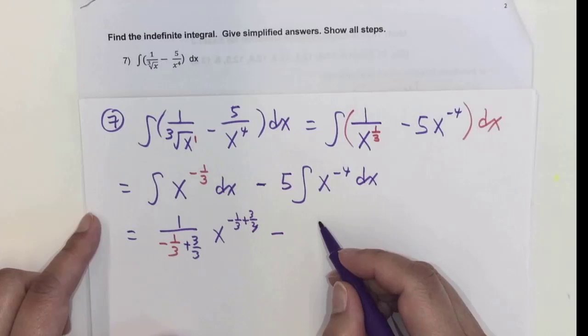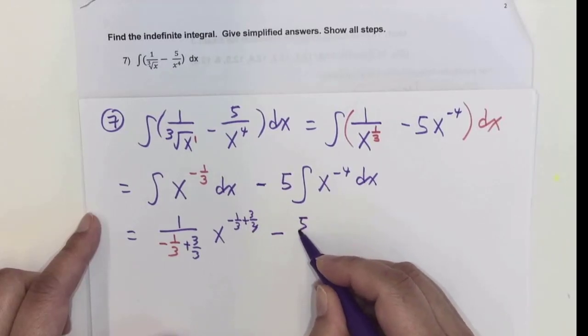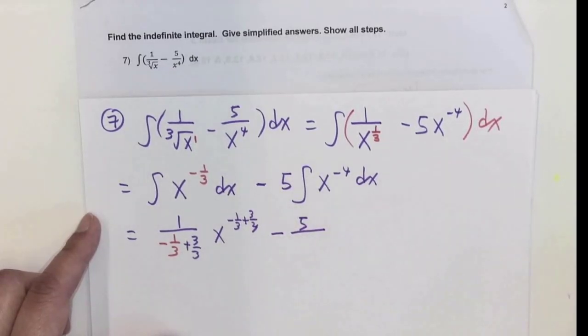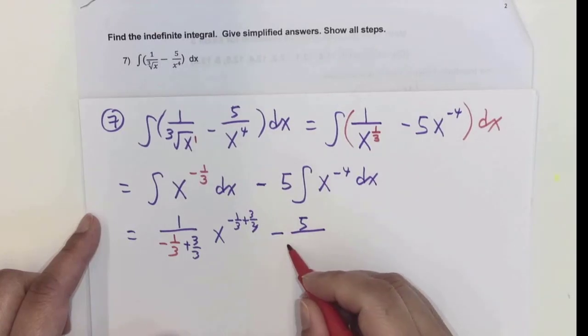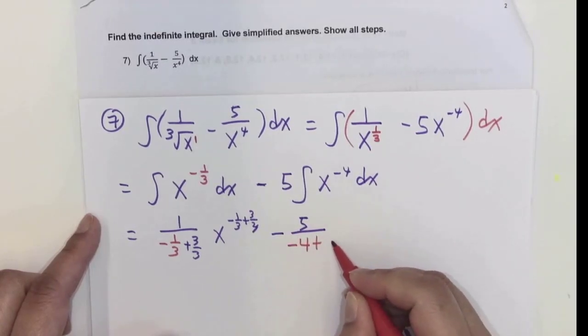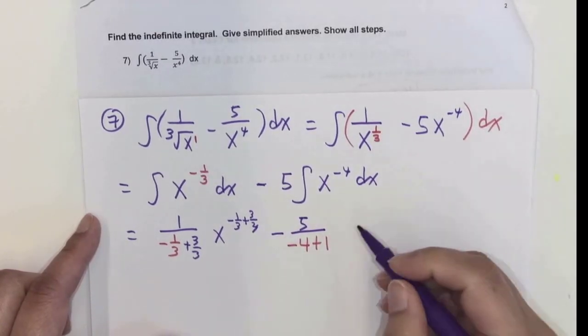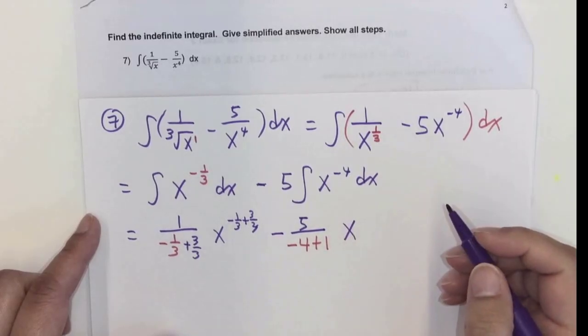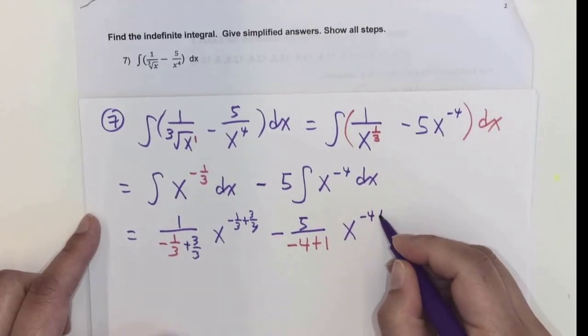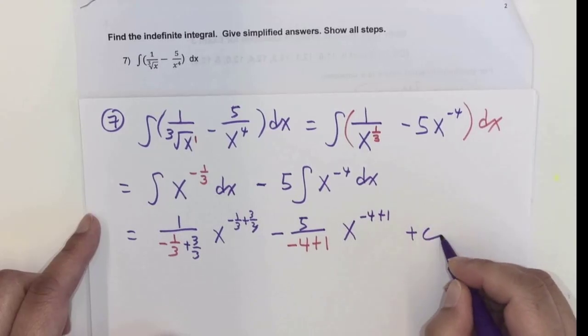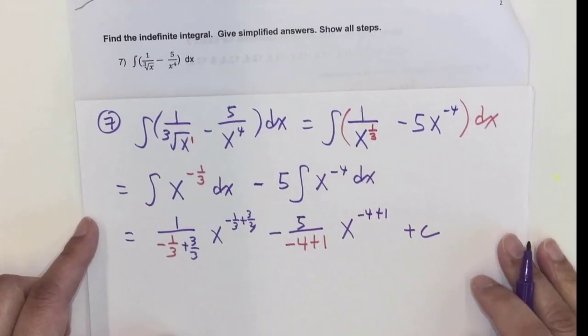This would be a 5 with the denominator being what? For the denominator, you will put the exponent plus 1, so you have -4 plus 1, and then x will be raised to -4 plus 1, and then don't forget to add c, right? So this is number 7.